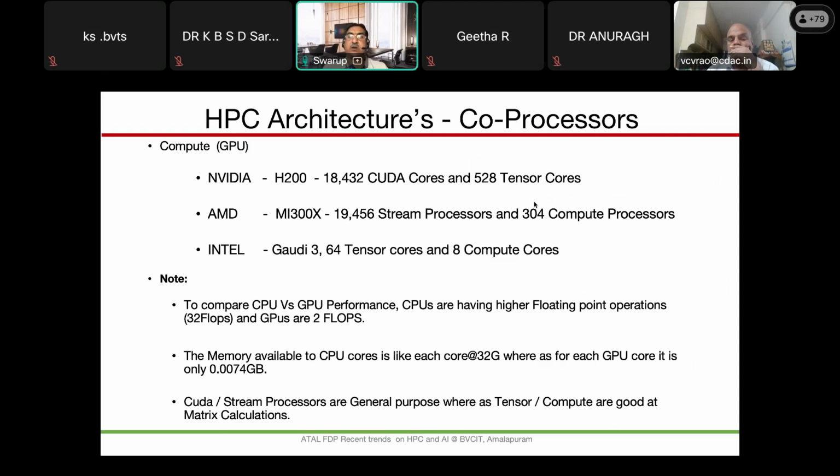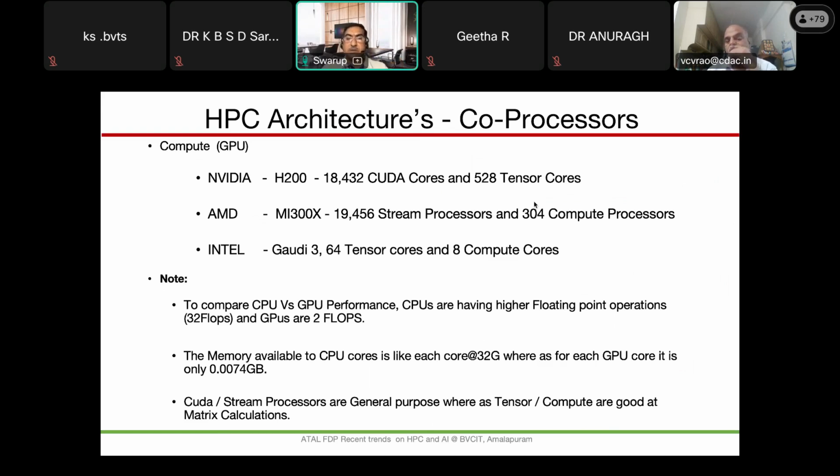If I want a highly ranked benchmarking, I'll go for AMD. If I want libraries and some visualization, and I want to do some AI kind of computing, I'll go for NVIDIA. So it depends on the use case. You can select the GPU which suits your requirement.